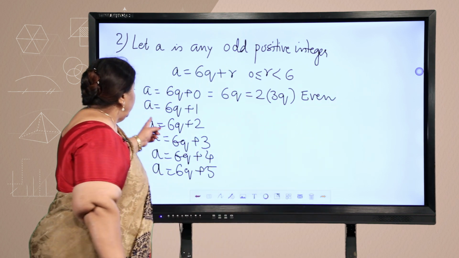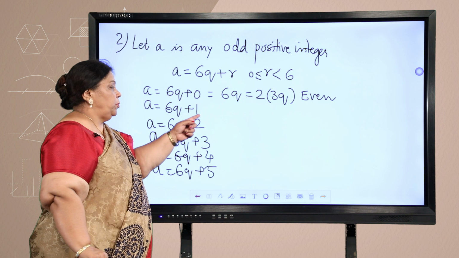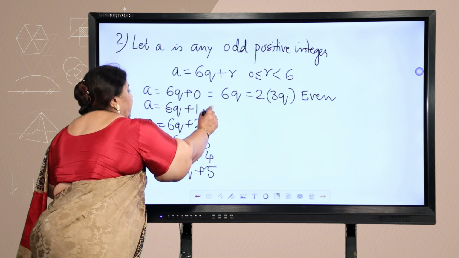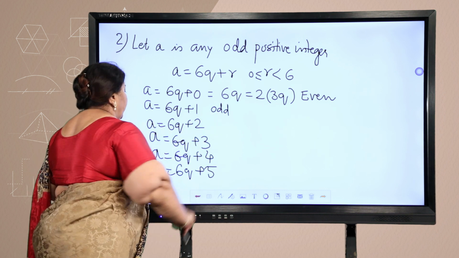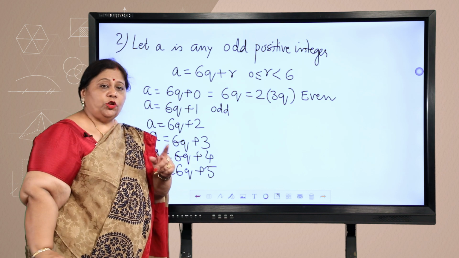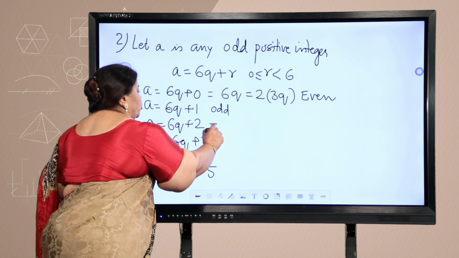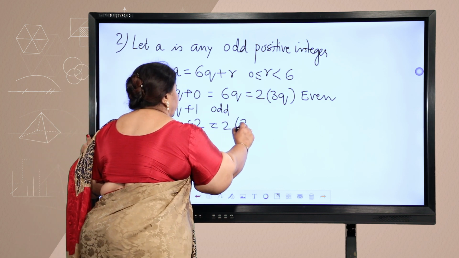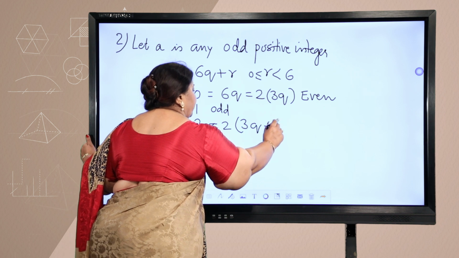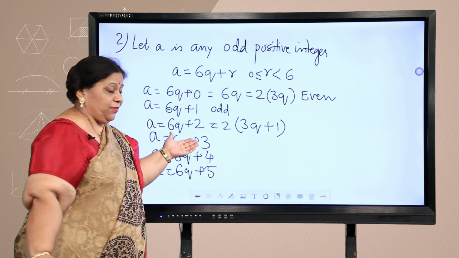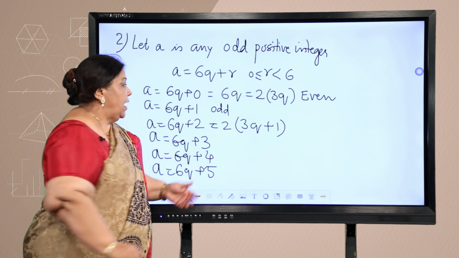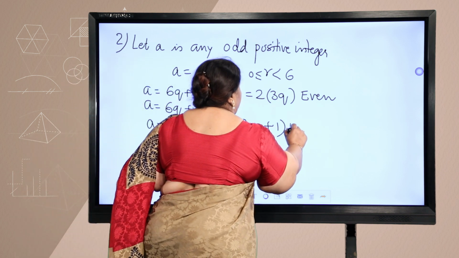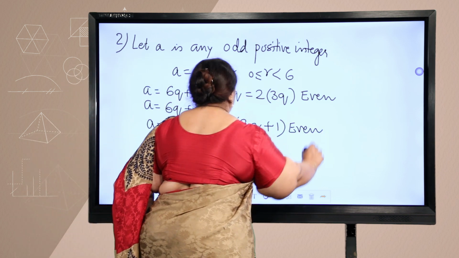Alright. Now, in this case A is equal to 6q plus 1 seems to be odd. Okay. In the next one A is equal to 6q plus 2. Can I take 2 common here to write down 2 into 3q plus 1? Again it justifies that it is a multiple of 2 and therefore, it is an even integer.